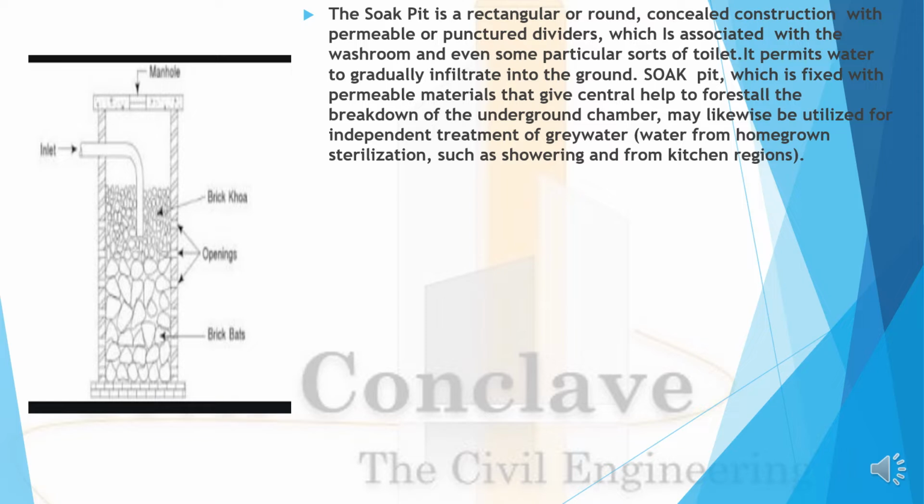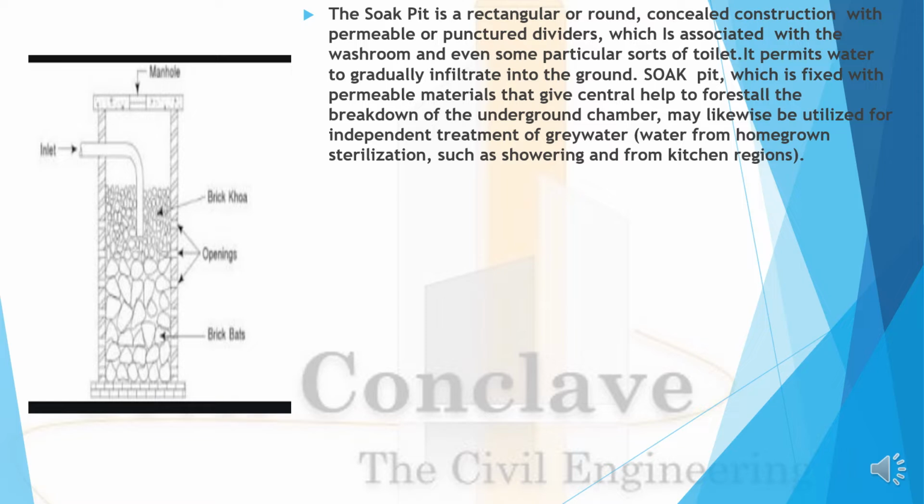The soak pit might be rectangular or round, a concealed construction with a permeable or perforated design, which is associated with a washroom or even some particular sorts of toilet. It permits water to gradually infiltrate into the ground.